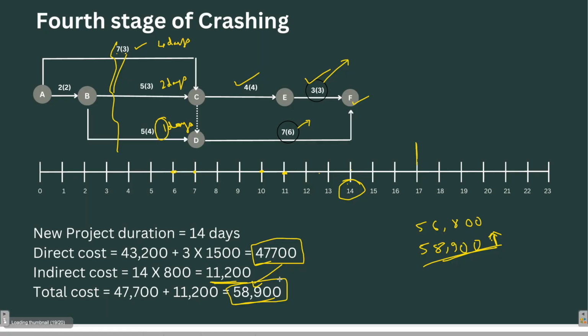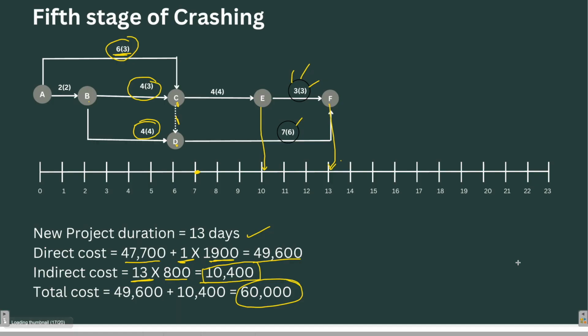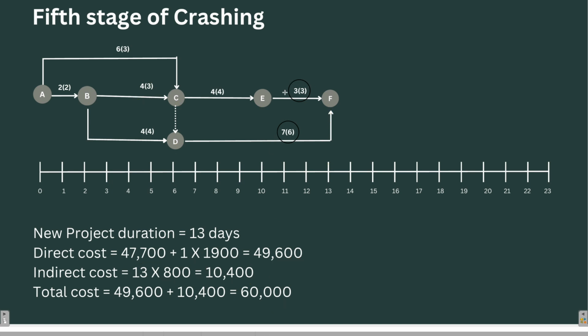So after fifth stage of crashing, it was 58,900, is again increasing to 60,000, and there is no further crashing possible. So this is the last stage of crashing, and no further crashing is possible because EF has lost its crashing potential, and CE has also lost its crashing potential, and BD has also lost its crashing potential.